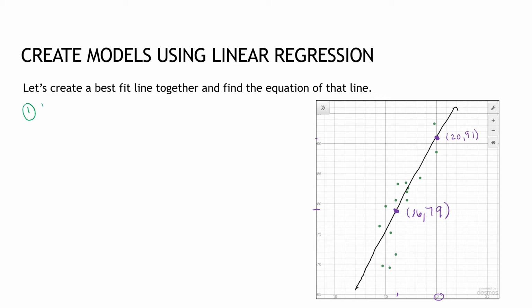We're going to find the slope first, and the slope uses the slope formula, which is y2, 91, minus y1, 79, over x2, 20, minus x1, 16.